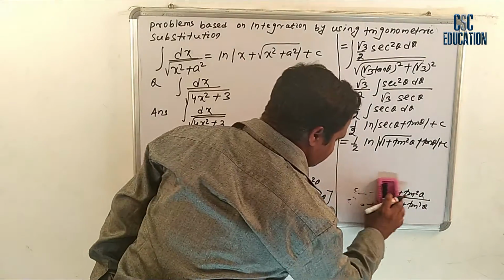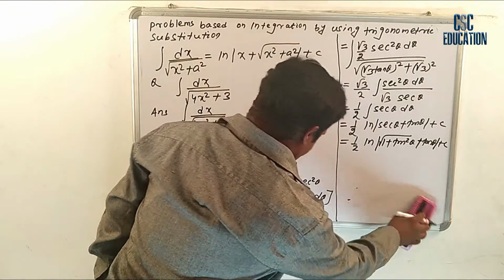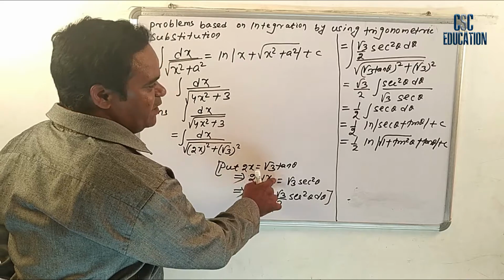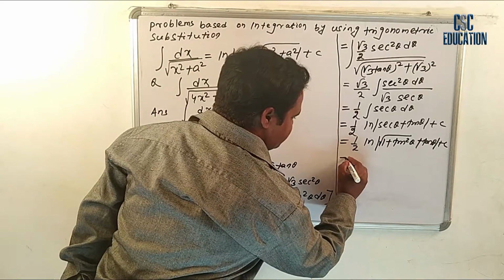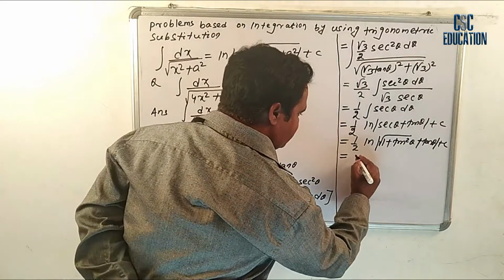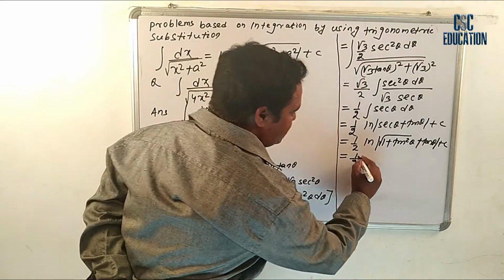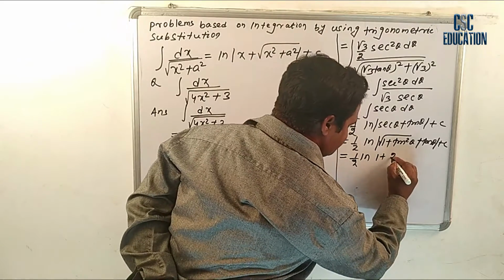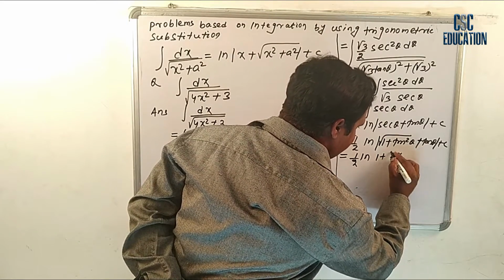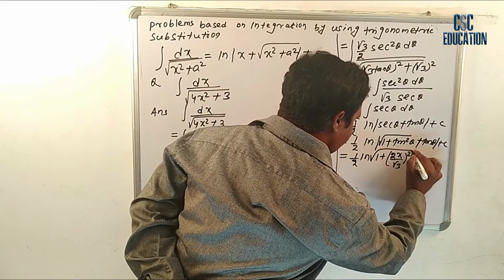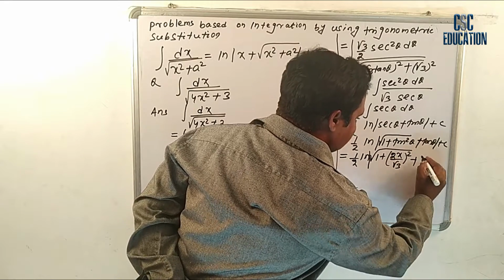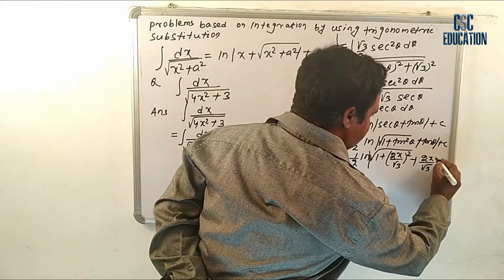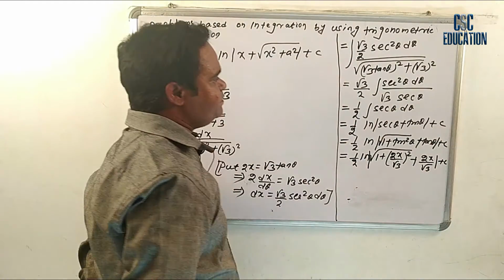Here tan theta is 2x divided by root 3. Substitute this value in this equation. So 1 by 2 ln of the square root of 1 plus (2x divided by root 3) whole square, plus 2x divided by root 3, plus c.